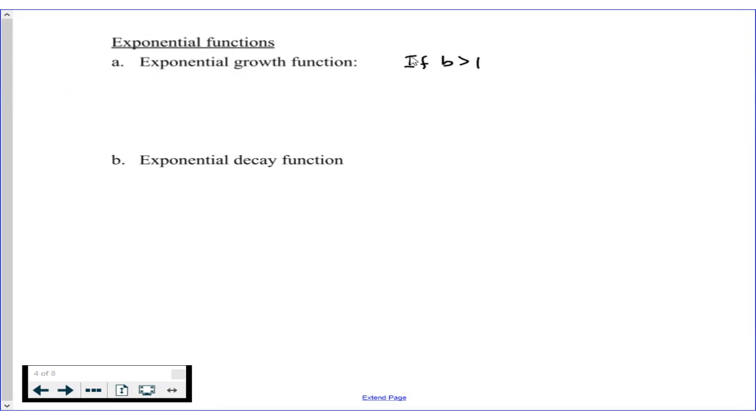So we call this kind of function a growth function. Let me show you a typical growth function. It usually crosses at a, the initial value is a here, and it will go like this.